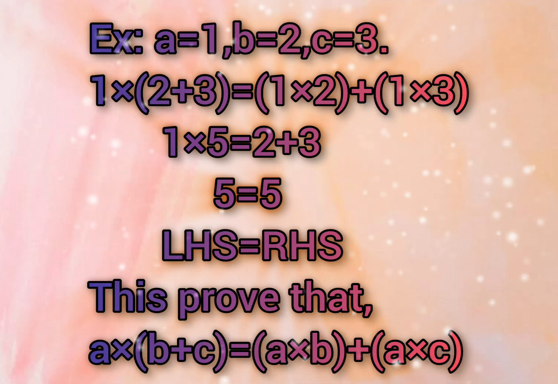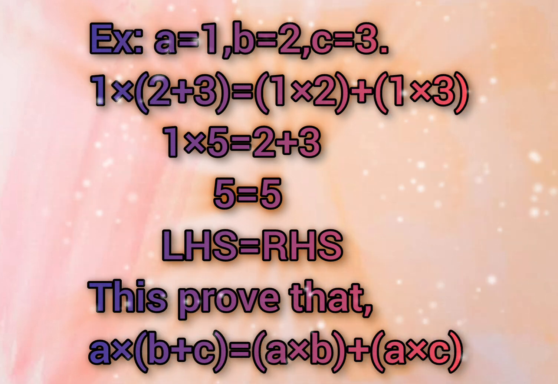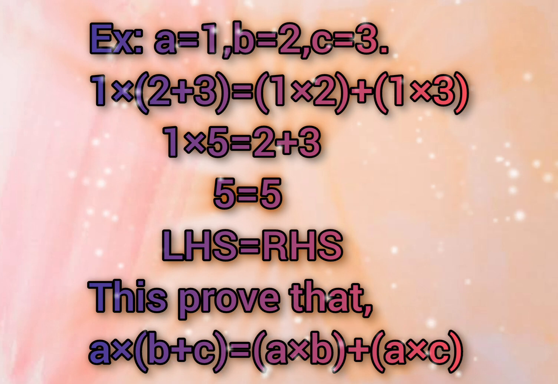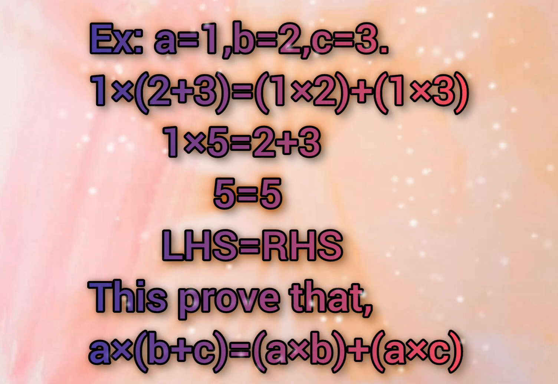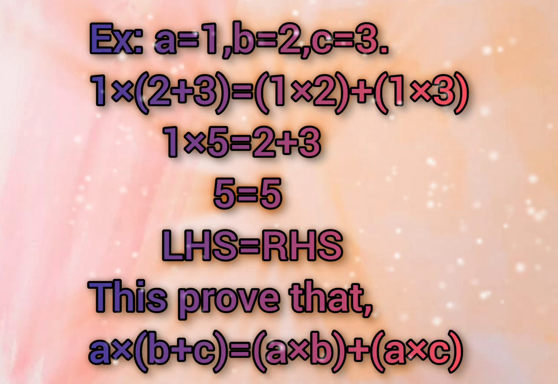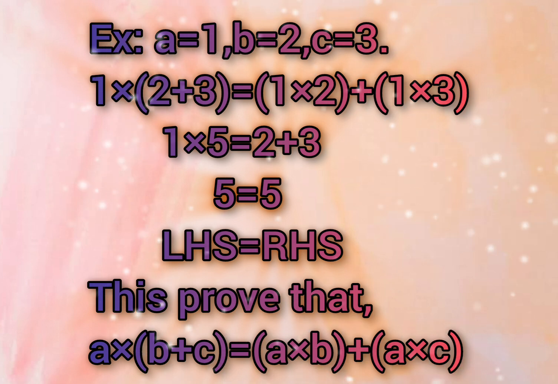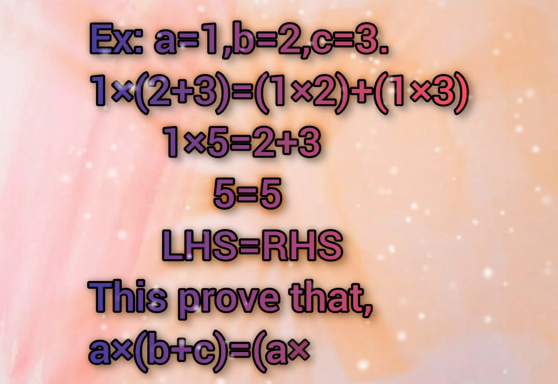First we can calculate the left hand side, so we will get 1 × 5 which is equal to 5. And now we will calculate the right hand side, so we will get 1 × 2 is equal to 2 and 1 × 3 is equal to 3. So 2 + 3 is 5. So 5 is equal to 5. So LHS is equal to RHS. This proves that a × (b + c) is equal to a × b + a × c.